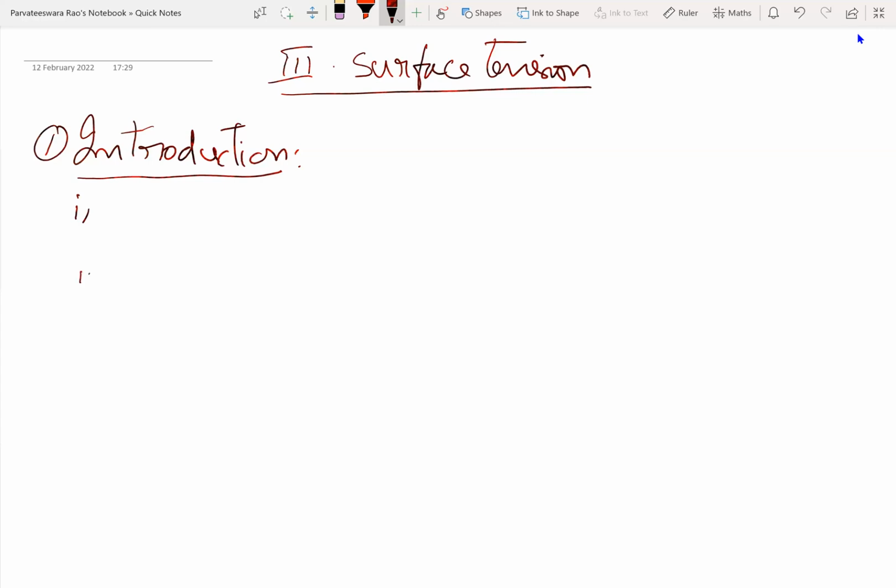Second point. All these phenomena of the liquid are due to the surface phenomenon of the liquid, to acquire the least surface area. Sir, can you repeat the sentence, sir?